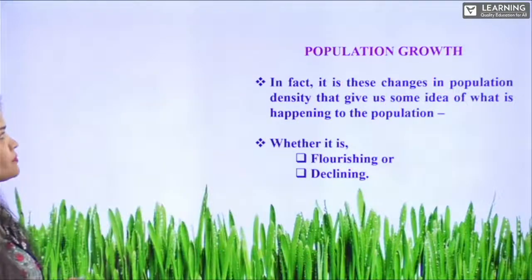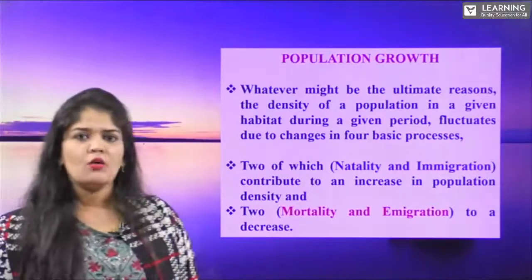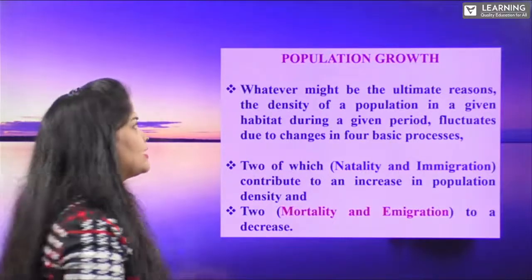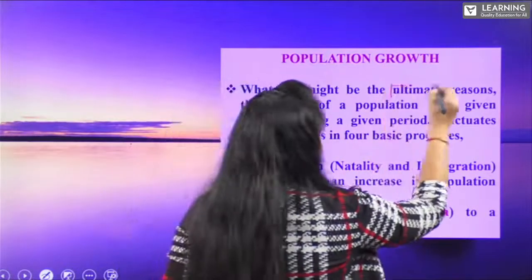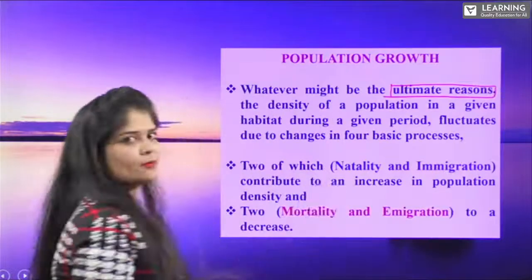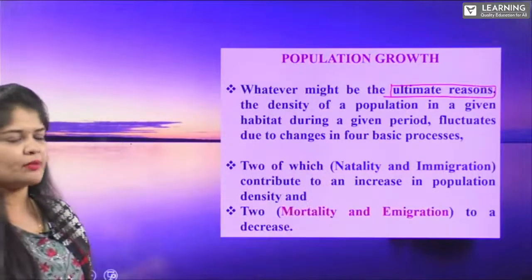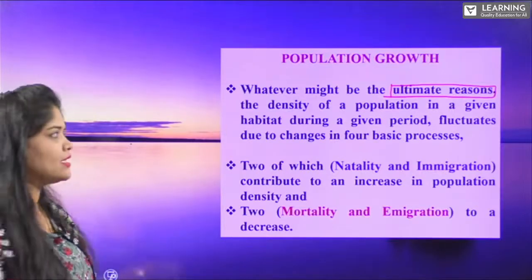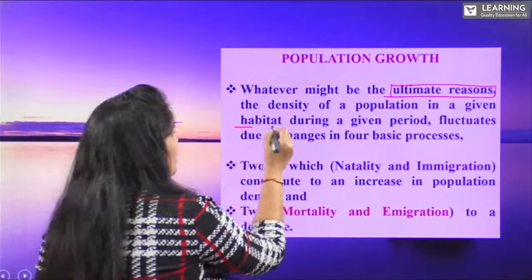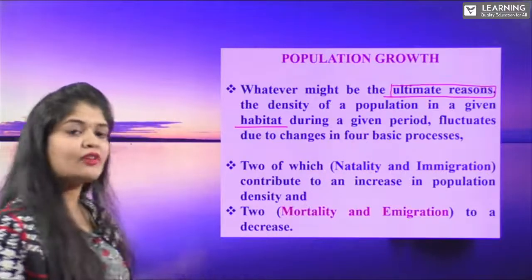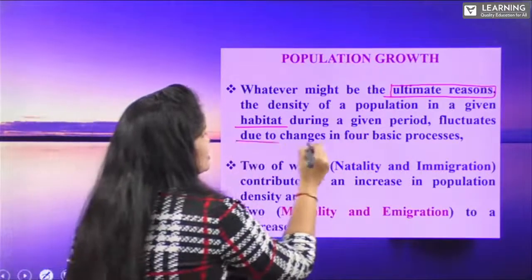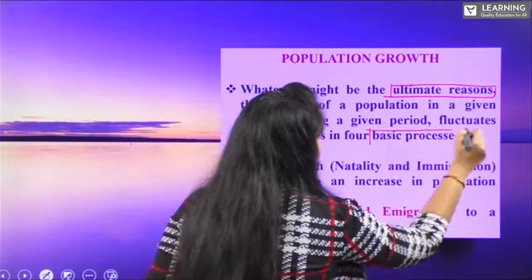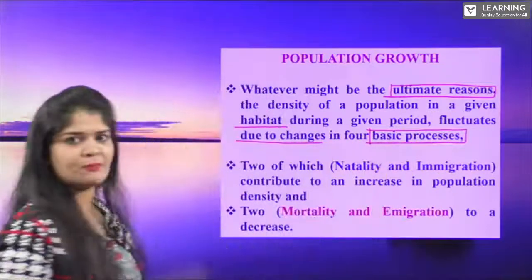Now, whatever the factors or reasons might be, the density of a population in a given habitat during a given period fluctuates basically because of 4 processes.